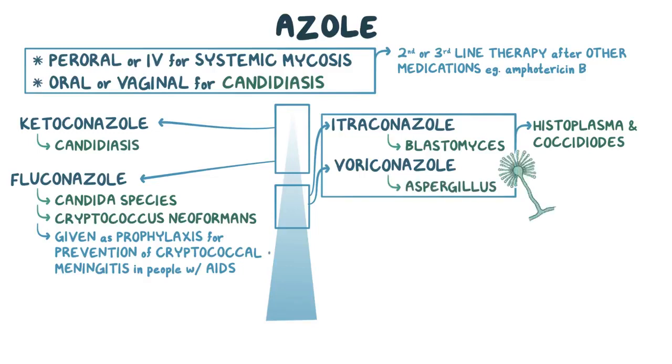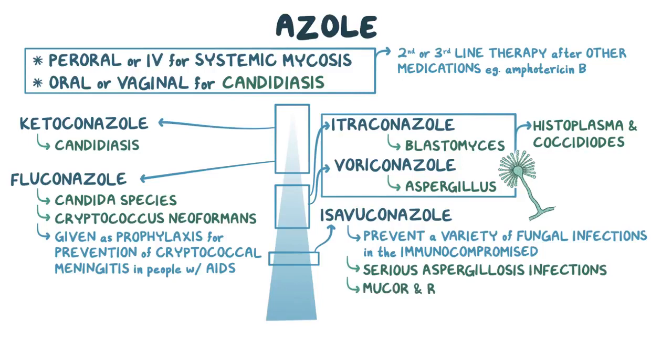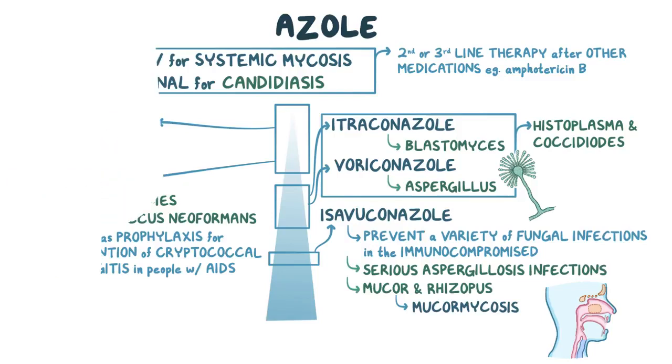The broadest spectrum azoles, like isavuconazole, can be used to prevent a variety of fungal infections in the immunocompromised, or for the treatment of serious aspergillosis infections. They are the only azoles that are effective against mucor and rhizopus species, which can cause mucormycosis, a serious infection of the sinuses that could spread to the surrounding bones, blood, and brain.